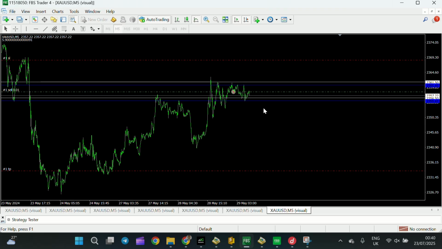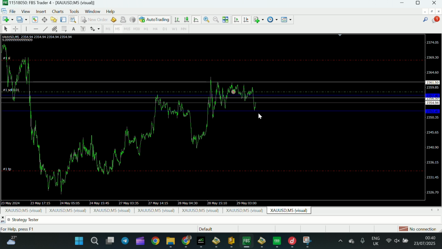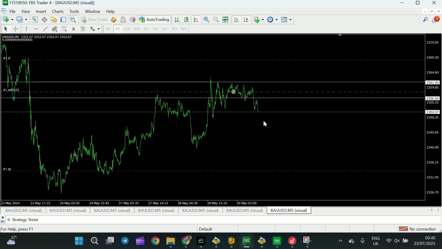When it gets to 150 pips, it's going to trail by 100 away from the current price. So when it gets somewhere here, the trailing stop should take action, covering us from other losses.